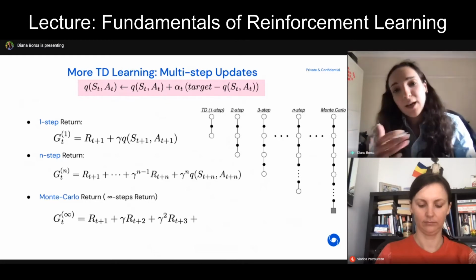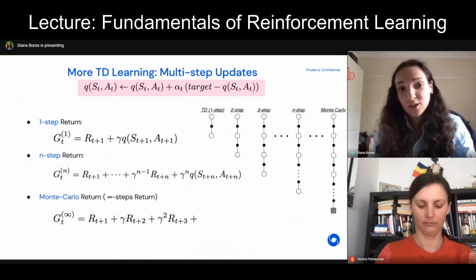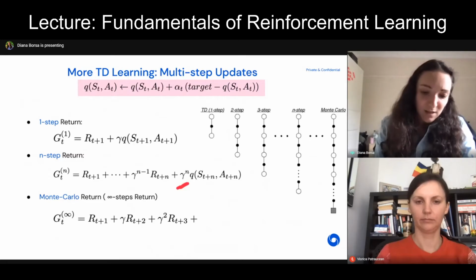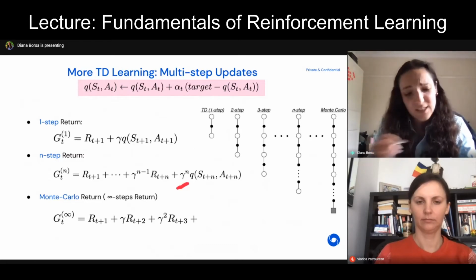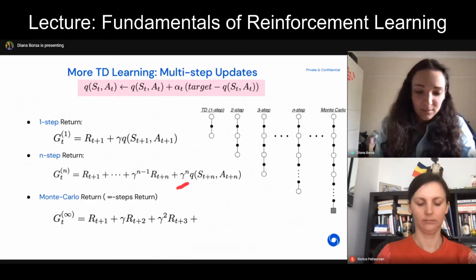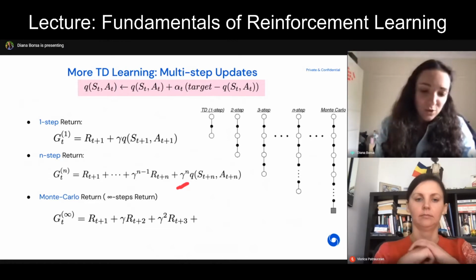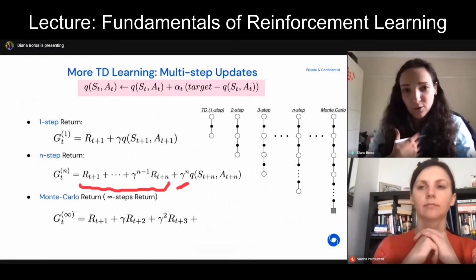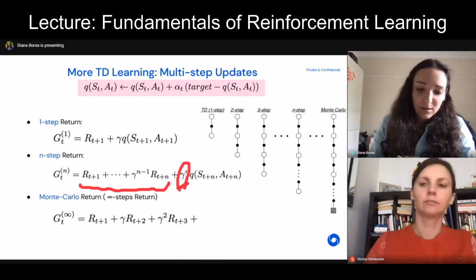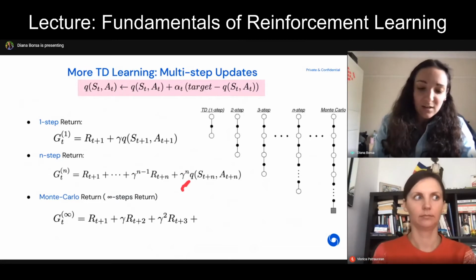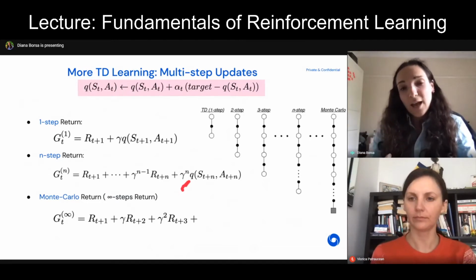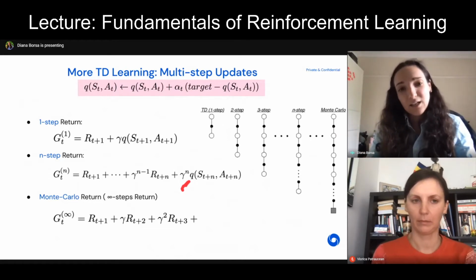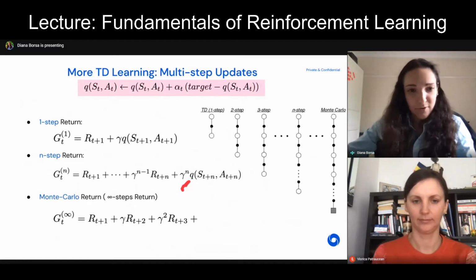So this will automatically trade off the bias introduced by the bootstrapping and the high variance that the Monte-Carlo return has. Note that, at least for the discounted return, this trade-off is very natural, because we are relying on actual experience, and you're not bootstrapping on your value. As n increases, this factor here tends to 0. So you are naturally relying on the bootstrap value less and less as n progresses to infinity.